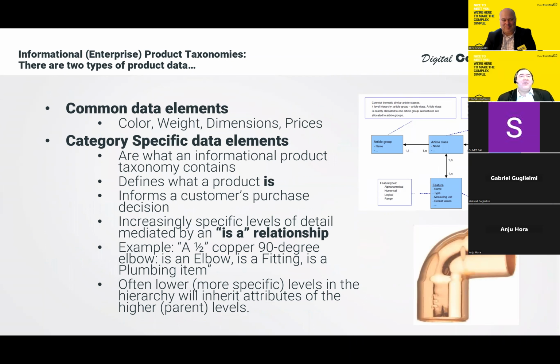Okay, so let's talk about what it is we're going to store in that taxonomy, right? So there's a couple of different kinds of data that we keep track of for products. And one type of data is essentially common to all of the various different items that an organization would carry in an assortment of items that they've got.